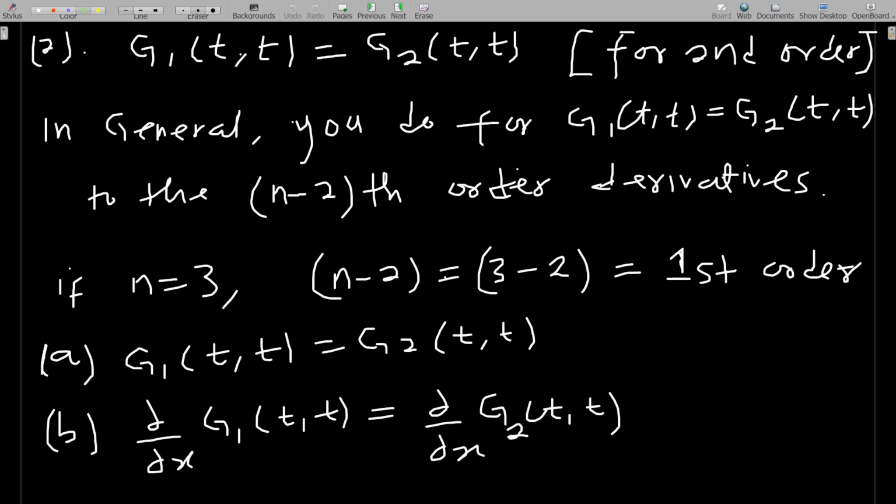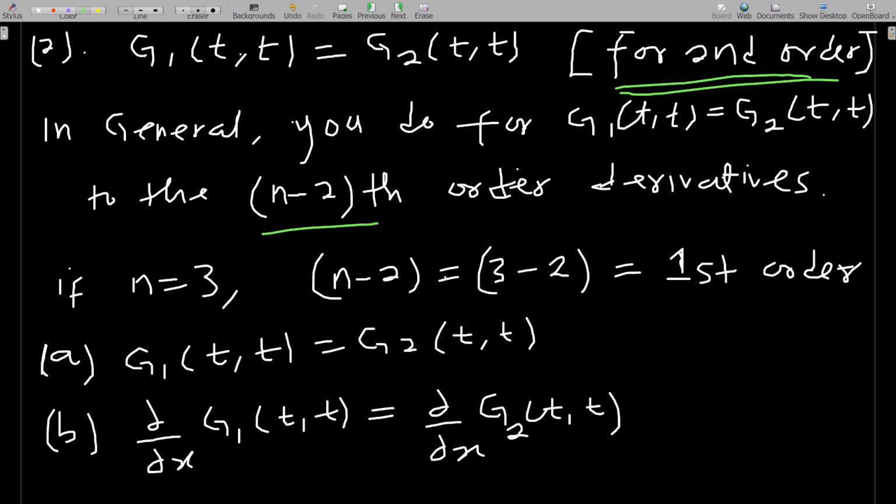Now the second step is that g1 of t,t equals g2 of t,t for second order. So this is specifically for second order. Now in general, you do g1 of t,t equals g2 of t,t, then up to the n minus 2 order derivative. So let's say n is equal to 3, a third order BVP.